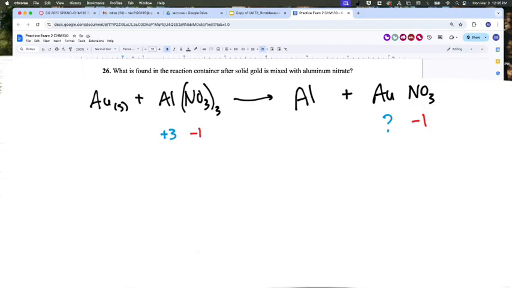A change in phase. And how would we predict the change in phase? If it's soluble. How do you know it's soluble? There are rules. So to predict a change in phase for a double replacement reaction, you use the solubility rules. Can you use the solubility rules for a single replacement reaction?